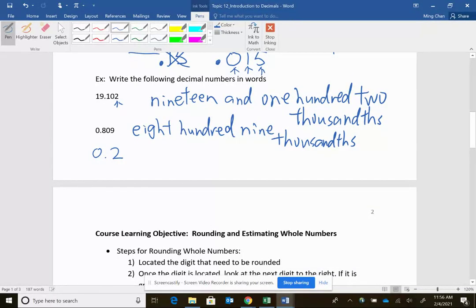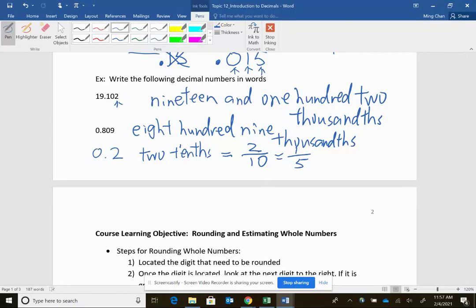If you read it properly, 2 is sitting on the tenth, so you will read this as 2 tenths. So 0.2 is the same as 2 over 10, which we can reduce to 1 over 5. Okay, so that's how we convert a decimal to a fraction, by simply reading it properly.